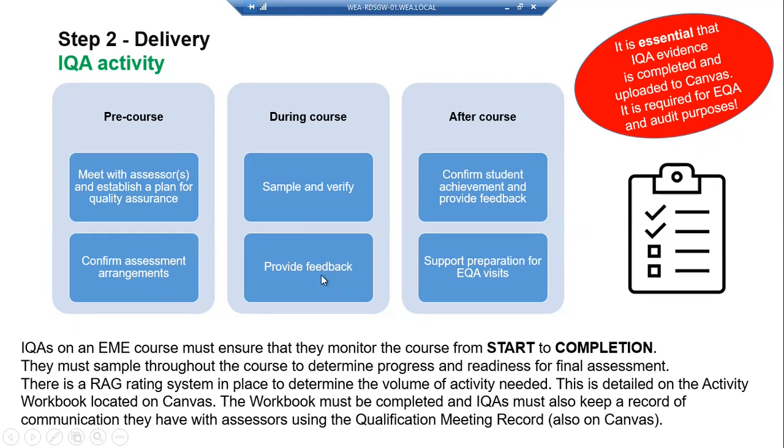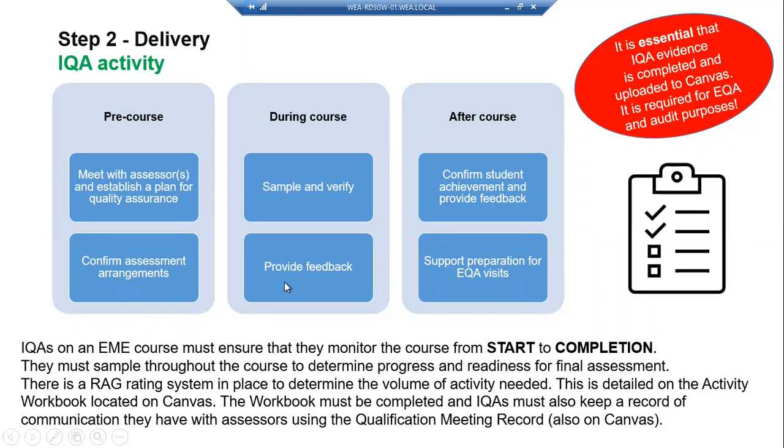Within that, there's a guidance tab, and it takes you through how to use that form to conduct your sampling and to do your final report, which obviously comes at this point. It also gives a lot of information about the RAG rating system, which helps you to determine as an IQA the volume of activity that's needed. So that's all detailed there.